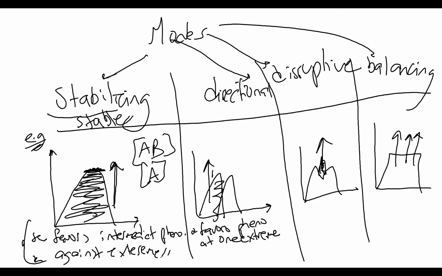So stabilizing is against extremes because it's stable. Everything which is stable in a population is stabilizing. Directional favors a phenotype at one extreme. And by the way, this can lead to diversity in a population.